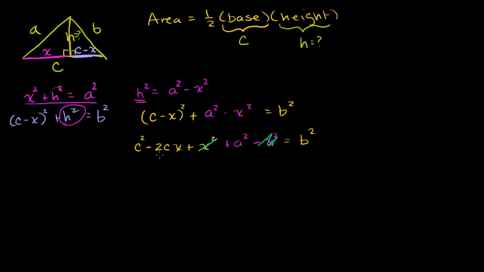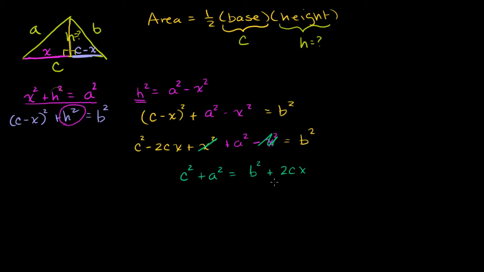And let's add the 2cx to both sides of this equation. So now our equation becomes c squared plus a squared is equal to b squared plus 2cx. All I did here is cancel out the x squared, and then I added 2cx to both sides of this equation. My goal here is to solve for x.